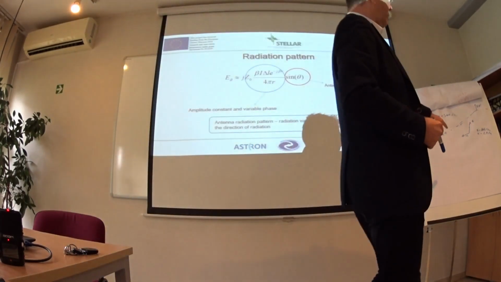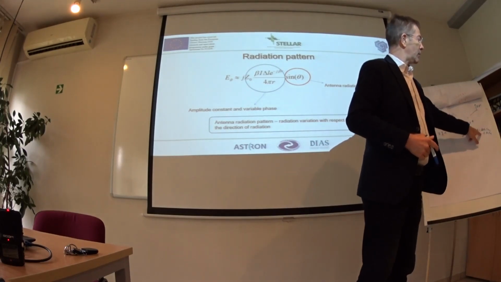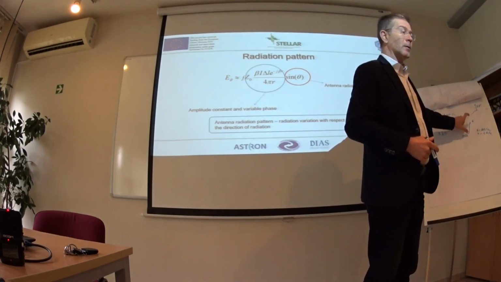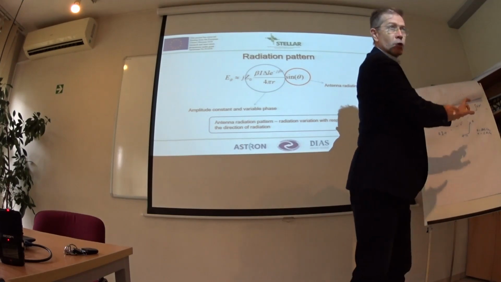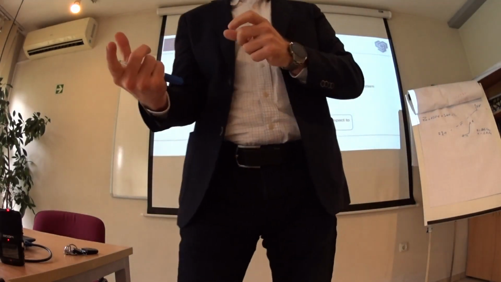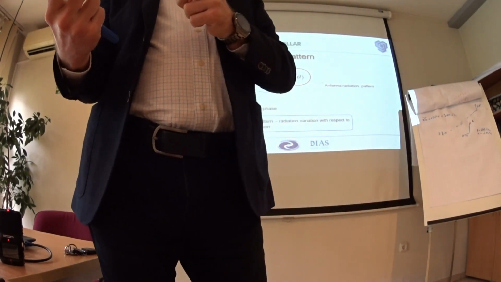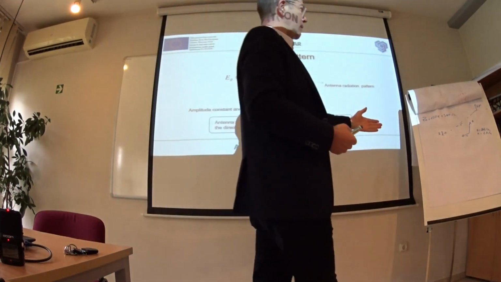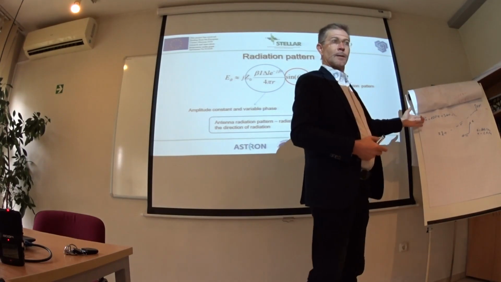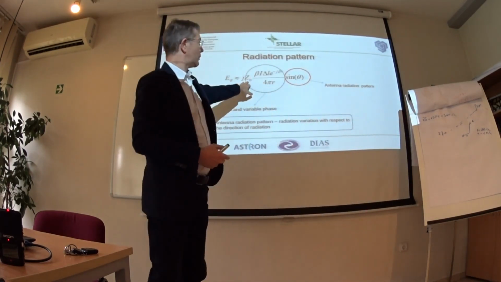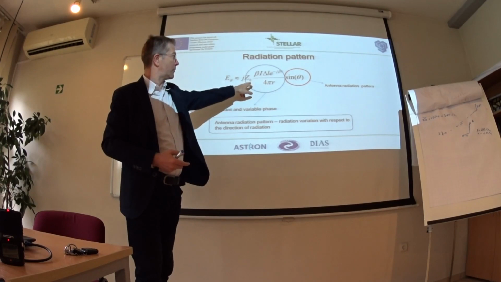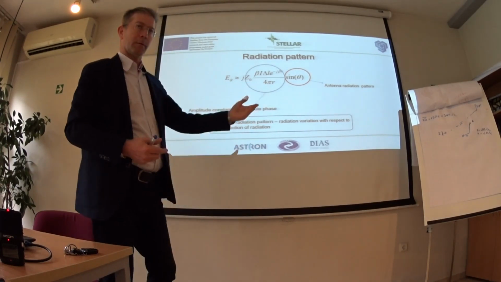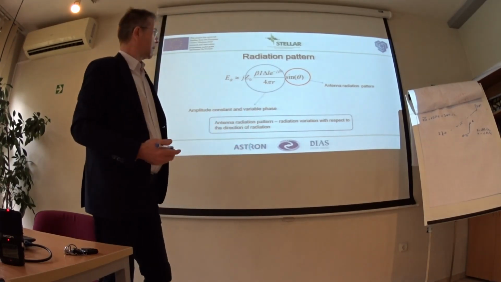There won't be 377 volts per meter against 1 ampere per meter. They will change the ratio, because the medium is different. And the ratio between E and H is called the characteristic impedance of the medium. Here we use Z0 for free space. ZC is related to some other medium.